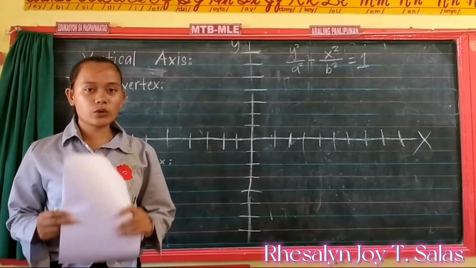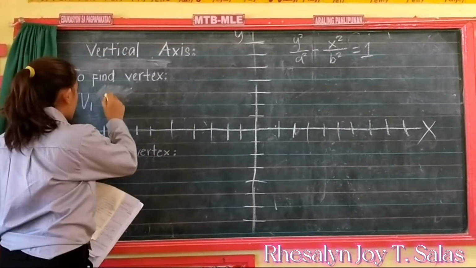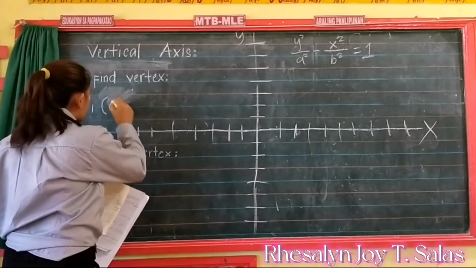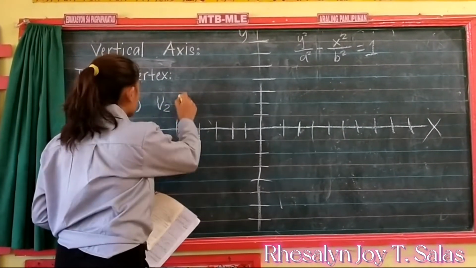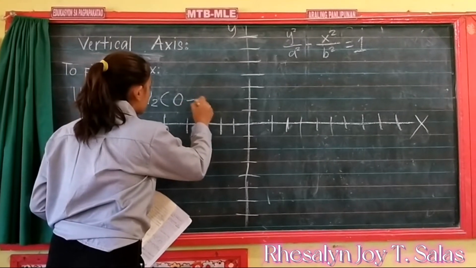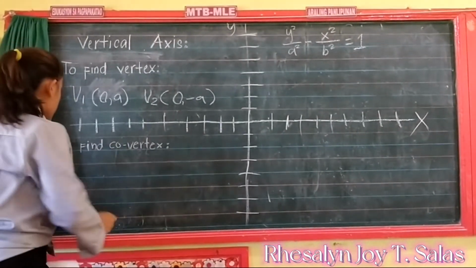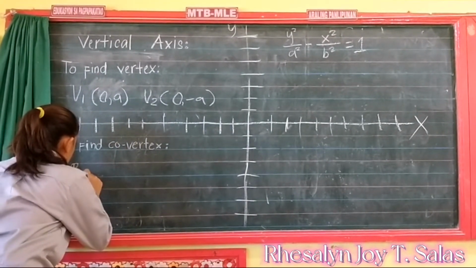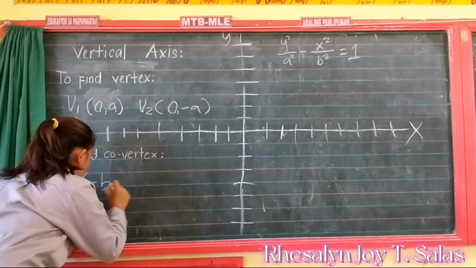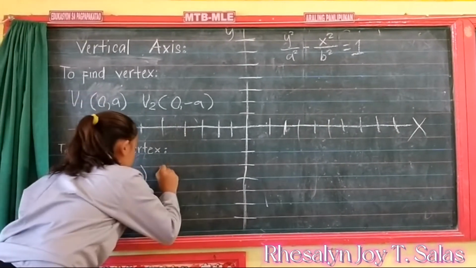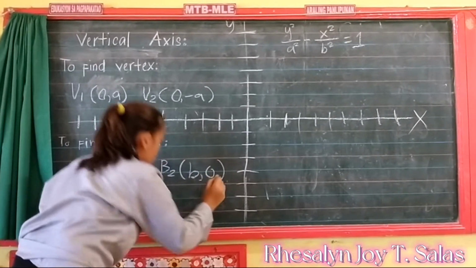To get the vertex, we will use V sub 1, whose coordinate is (0, a), then V sub 2, whose coordinate is (0, negative a).